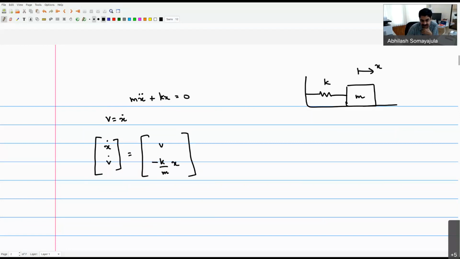Is that making sense? Yes, sir. So if I wanted to write this as x dot is equal to f of x, I have succeeded in doing that, right? This is x dot and this is f of x. It only depends on x and v. It doesn't depend on v dot anywhere. Everybody with me so far?